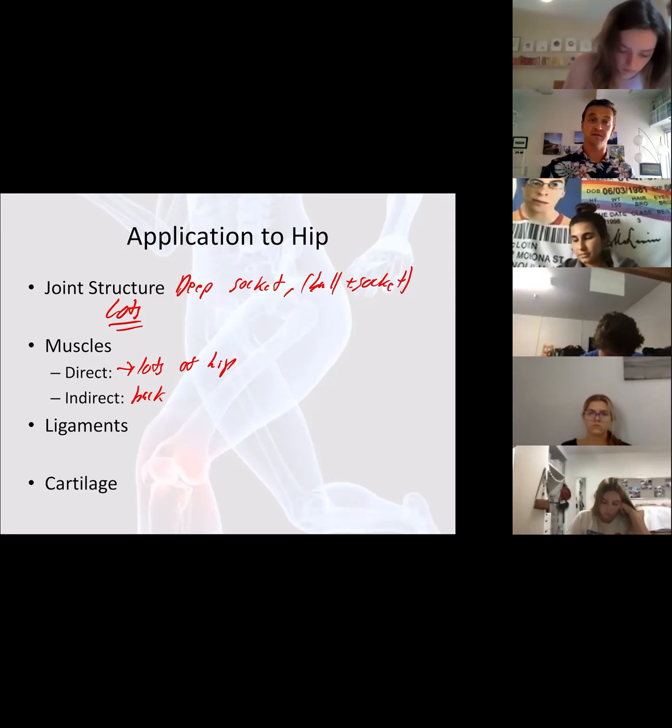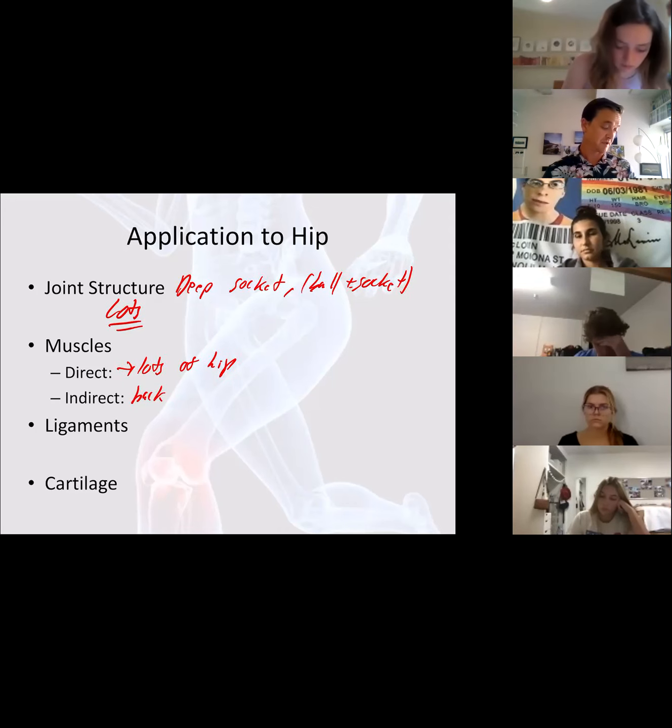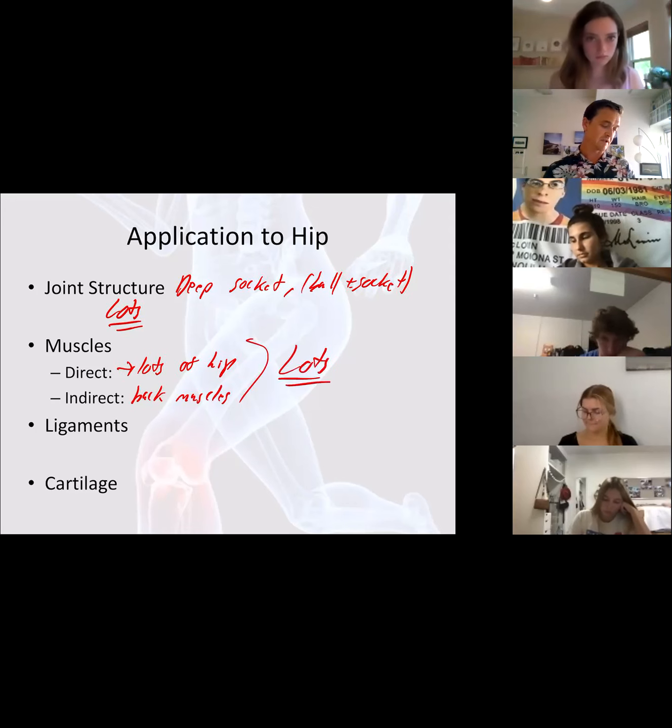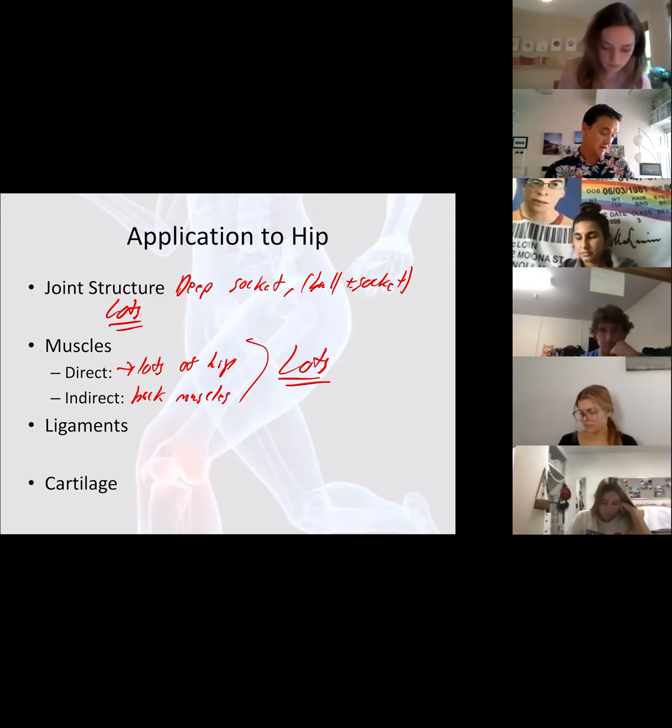The position of your back is very important for joint stability of the hip, so there are some back muscles that help stabilize this. Overall, we have lots of stability coming from muscles in the hip. Ligaments, I already mentioned, very strong ligaments in the hip, and also lots of ligaments.